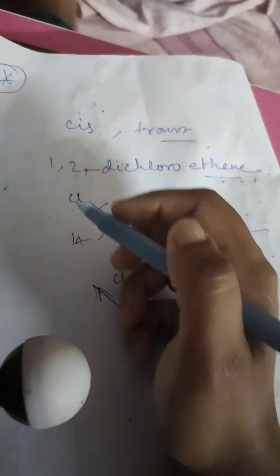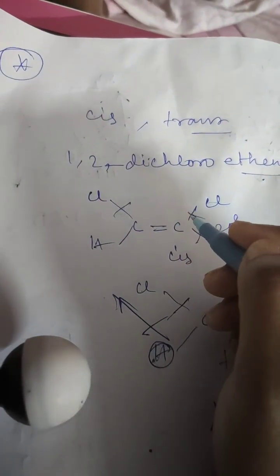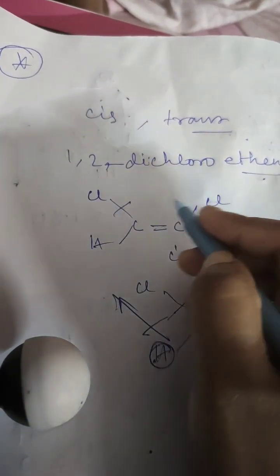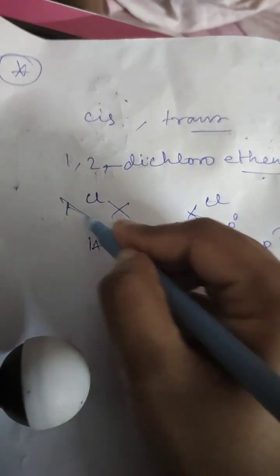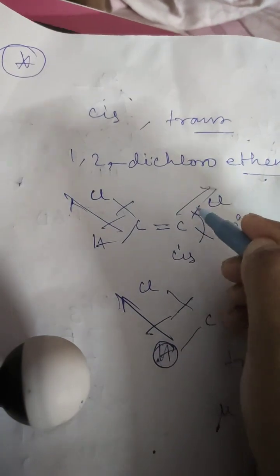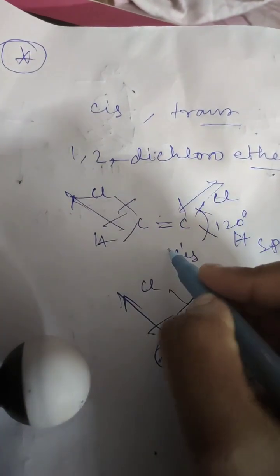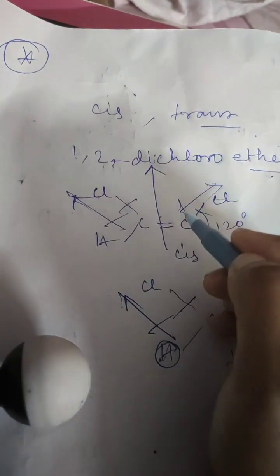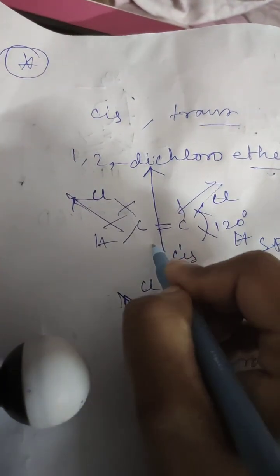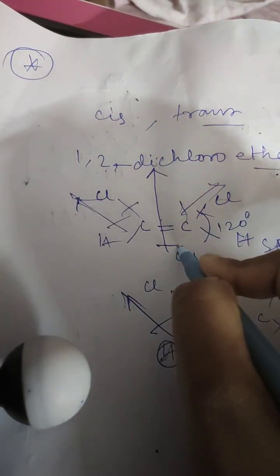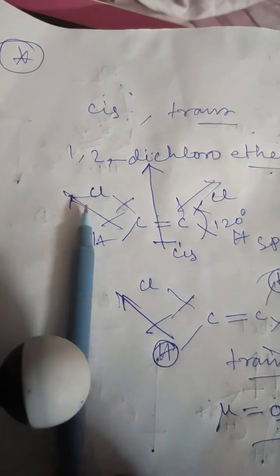Okay, now talk about the cis isomer. These 2 electronegative chlorines are placed in the same direction, that means upward direction. So we have to consider that our mu value, the vector of dipole moment, goes in the upward direction.